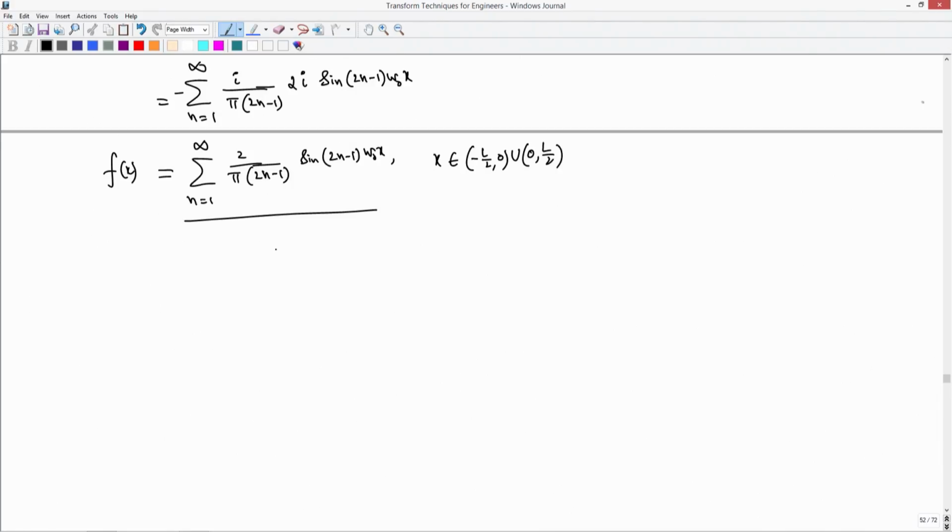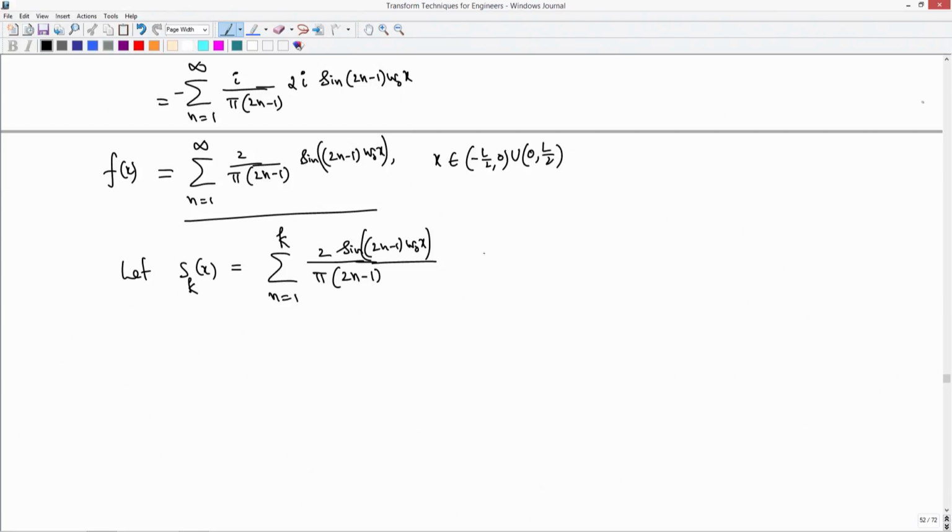Let Sk of x be, taking n from 1 to k, if I take k terms in this series, what you get is the sum of 2 divided by pi times (2n minus 1) sine of (2n minus 1) times omega naught x. This is for the full sine function of this thing.